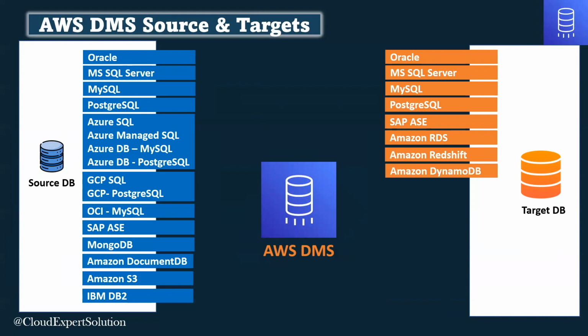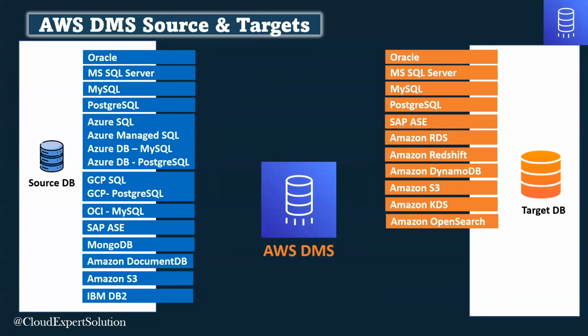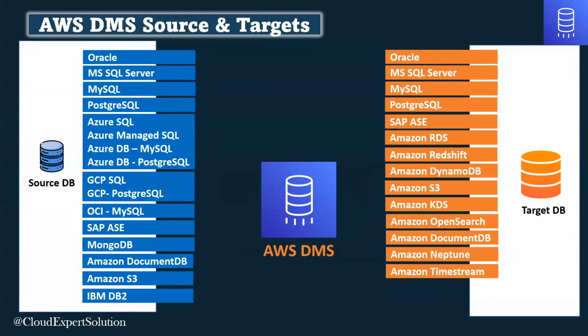You can go to Amazon DynamoDB, Amazon S3, Amazon Kinesis Data Streams, Amazon OpenSearch, Amazon DocumentDB, Amazon Neptune, Amazon Timestream, Amazon Babelfish, and last but not least, Redis. So you can see that in terms of target, it supports a wide range of targets.